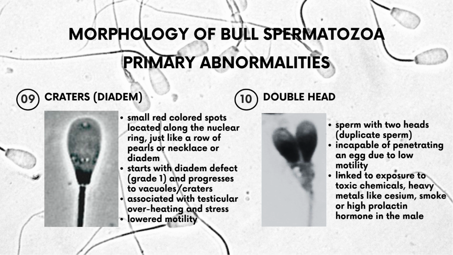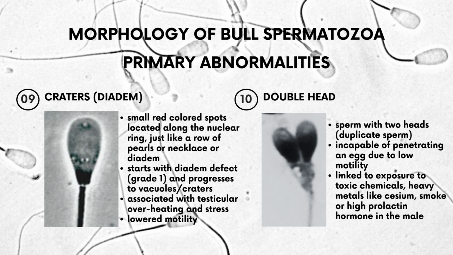Craters or diadem defect are small red-colored spots located along the nuclear ring of the sperm head, just like a row of pearls or necklace or diadem. The appearance of diadem defect in sperm heads only serves as an early sign of various forms of head abnormalities occurring as a cascade of sperm defects which eventually progresses to vacuoles and craters.